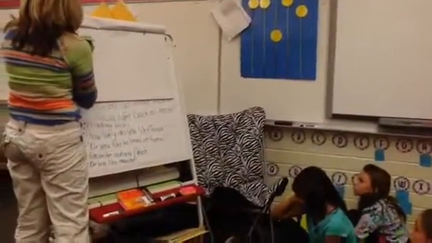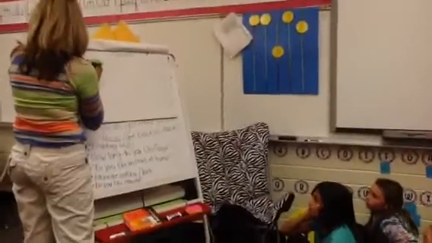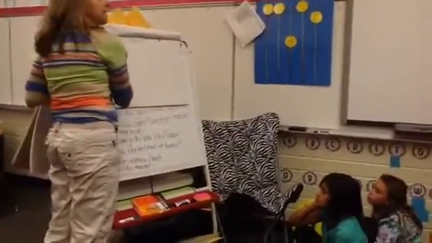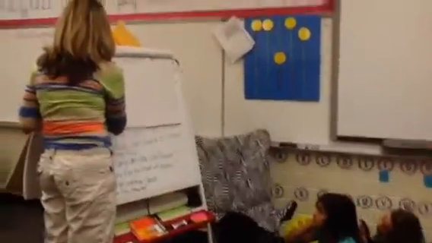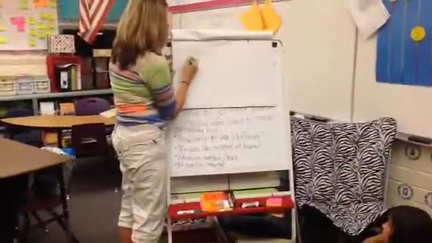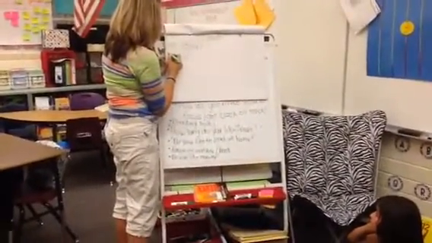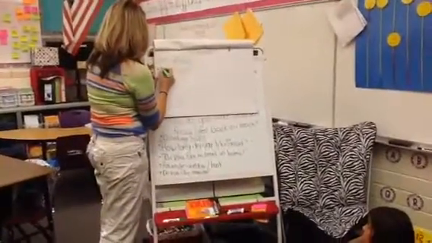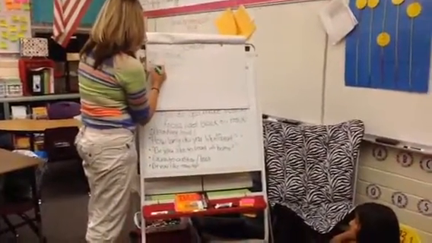Write the date, 9-10. Okay, my first one's going to be action. So there's my box. I'm going to start with my bullet. And I would write my idea first. I'll just start. I'm not going to write the whole thing because I want you to have time to write.